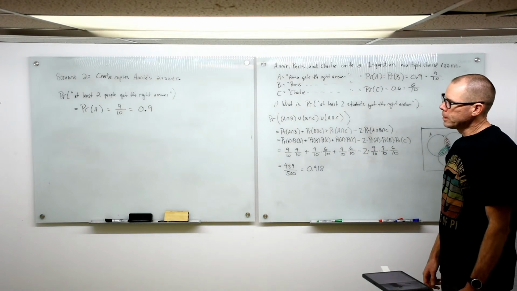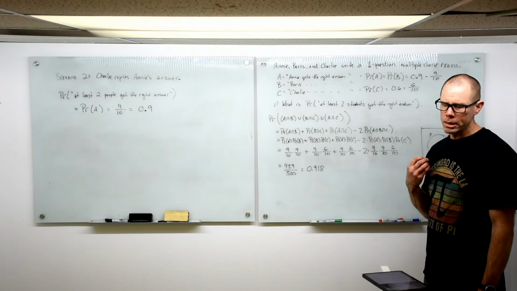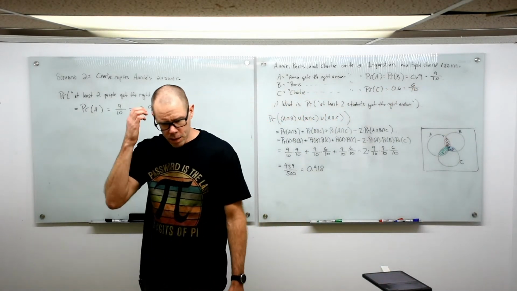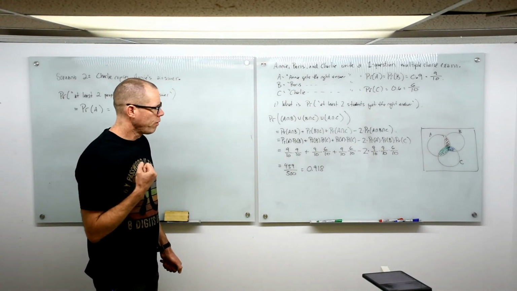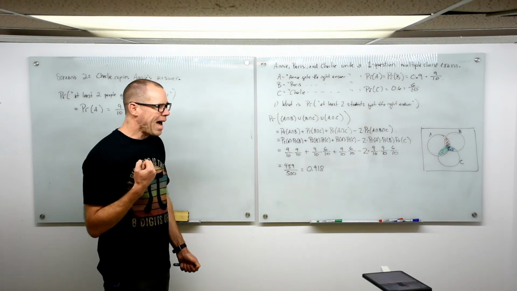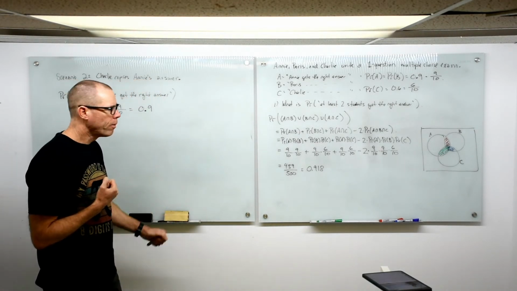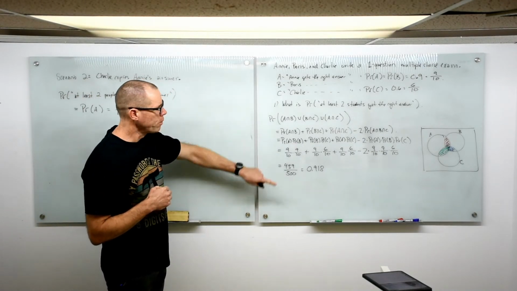So this is a nice example of something really unintuitive that happens. And it's happening because of the lack of independence in this second scenario. In the first scenario, when we had everything mutually independent, probabilities were easy to compute.